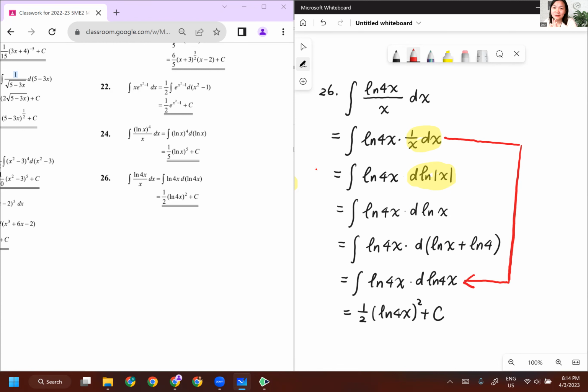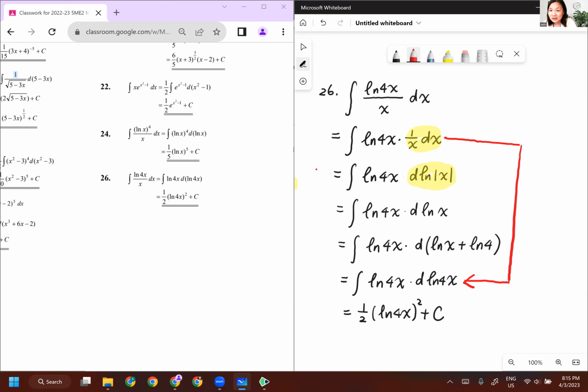Some of you didn't. Like the standard solution, it doesn't show why you can change 1/x dx to d log 4x directly. To me, it's not so obvious. I think to you, it's not so obvious either. So this is one way to see it. That 1/x dx is actually d log 4x as well. Is that okay?